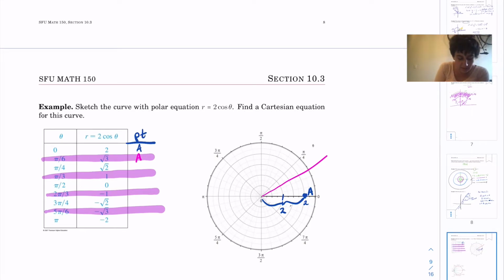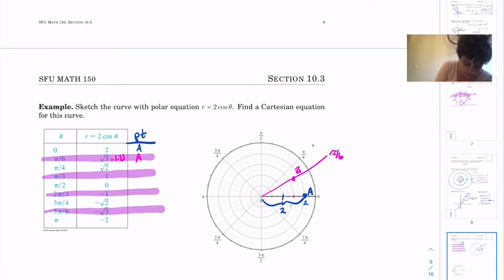And then I'm looking at root 3, that is less than 2 in. It's about 1.73. So here's 1.5, here's 1.75, so around here. Okay, so there's my point B. Call this pi over 6-ish.